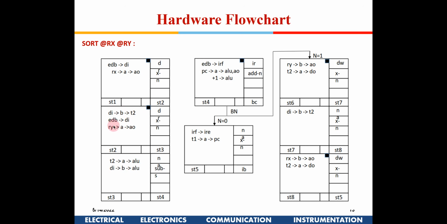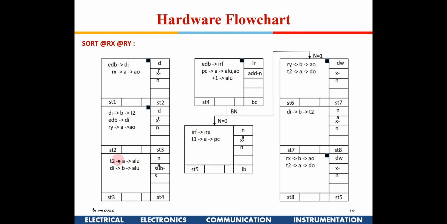Again I am placing the contents of Ry into the address output buffer. Now in the DI register, the second data from the memory which was being pointed to by Ry is being brought to DI. So the second data is available in DI. The first data which was available earlier in DI, that we have moved to T2, right?